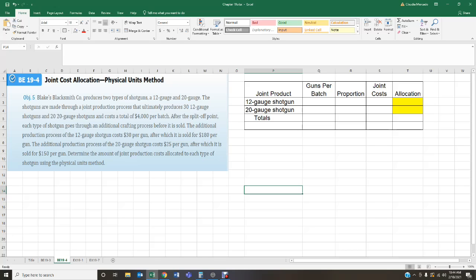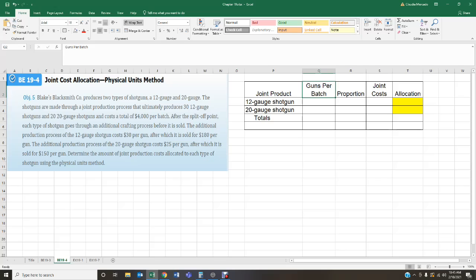I've set up this little Excel template here like always because I love Excel. It just makes it so much easier to be organized and to run your calculations. So I've got my 12 gauge and my 20 gauge shotgun. Those are the two types that we're producing. Now I'm going to figure out how many guns per batch we are producing.